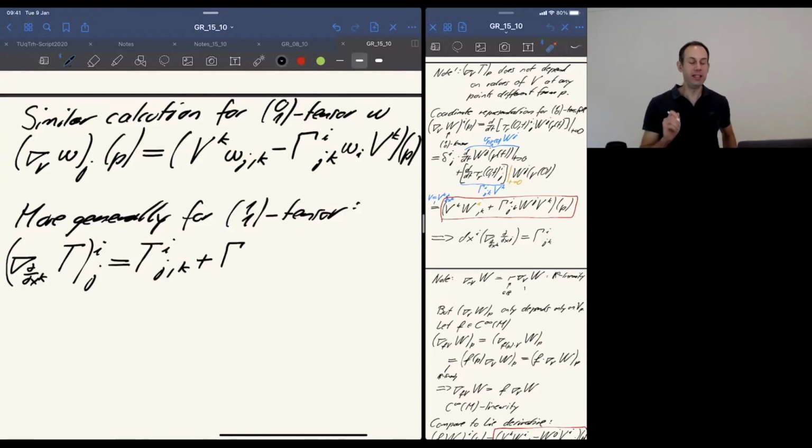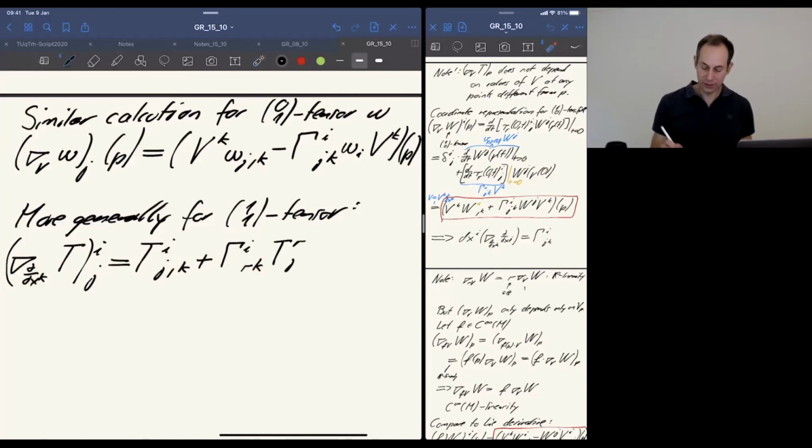So for each index, if you want, this is just a way to memorize things, we get a gamma symbol. So the first gamma symbol is for the up index, so it has an i up, and then a summation over something, so I call the summation index r, and the k is always the last. This is in which direction I go. So this k here corresponds to this k here. Then I have the T r j.